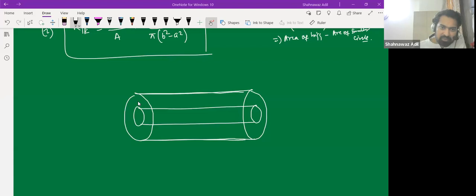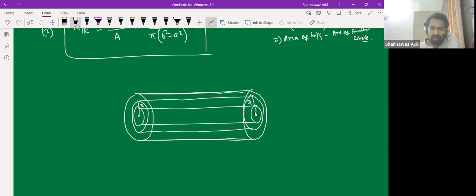Which means that I have to calculate the total area, right? So how much is the total area? I will take a strip at some distance x, and then I will integrate this strip from A to B. So then my small resistance dr would be how much?